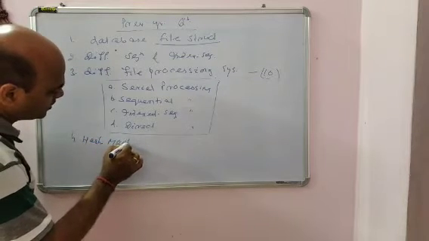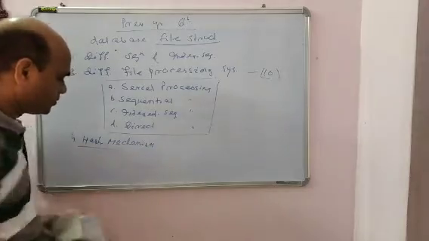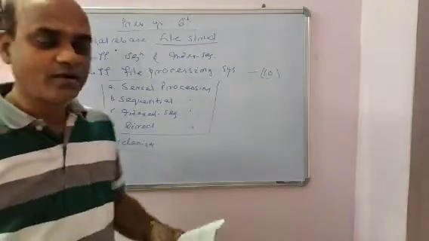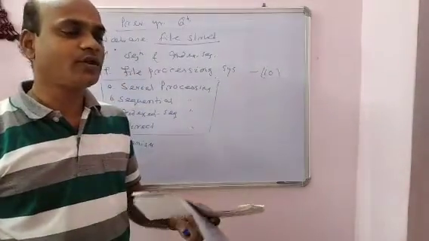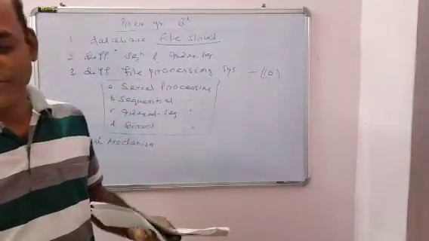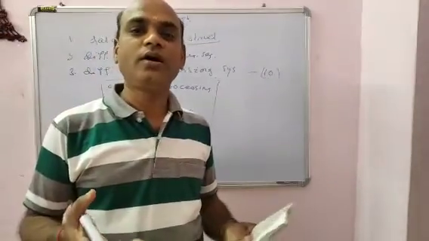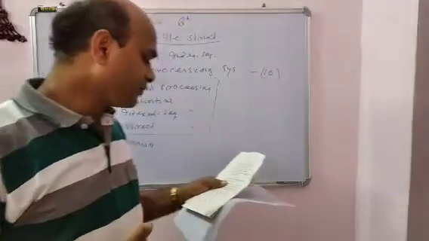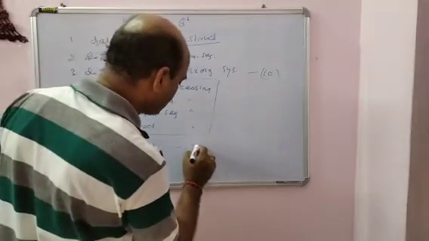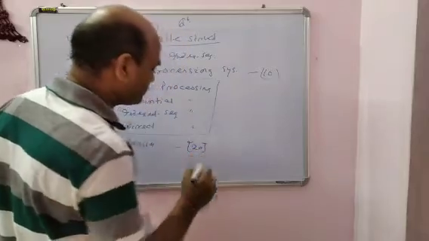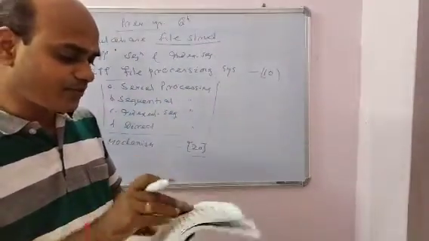You can write about the hash mechanism, and also the hash technique by using different methods, like I have told you: mid-square method, folding method, and division method. This is for 20 marks. So 10 marks or 20 marks questions are coming in your exam.